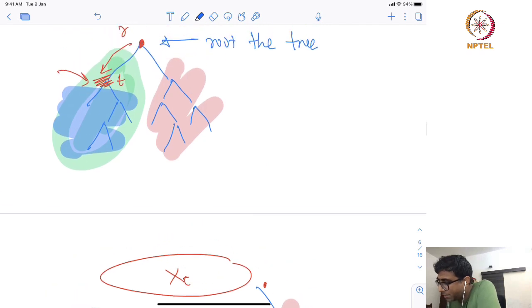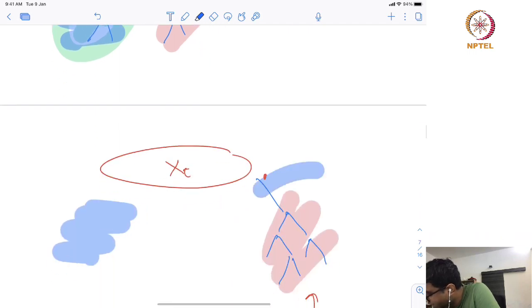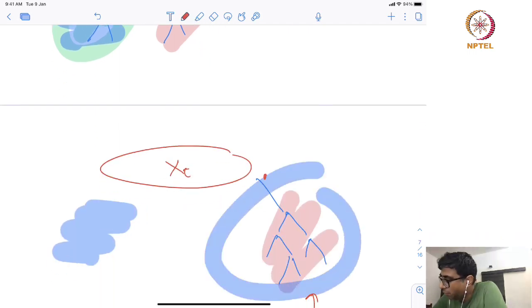But notice what is happening at any point of time. The way our induction works, why did we move towards xt? Because it had a connected component whose weight was strictly larger than the weight w of t. It means if I look at all the connected components here, what is the property?